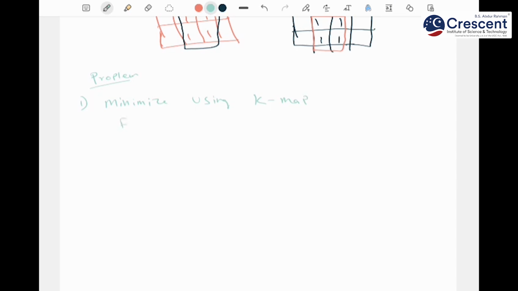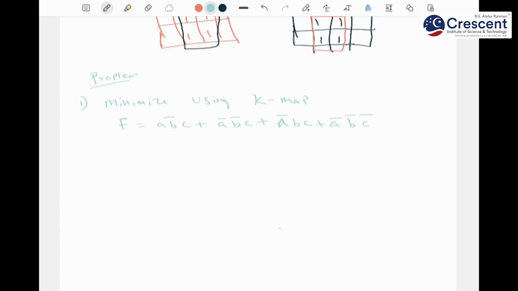The given function is f equals a b bar c plus a bar b bar c plus a bar b c plus a bar b bar c bar.